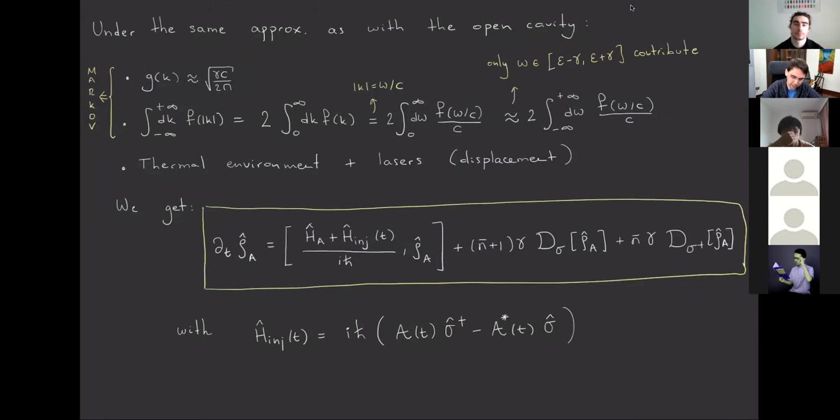Then we also approximate that the integration over frequencies can be extended to minus infinity, because only the frequencies around the atomic transition, the resonant ones, contribute to the physics. And then we can extend it mathematically to minus infinity.